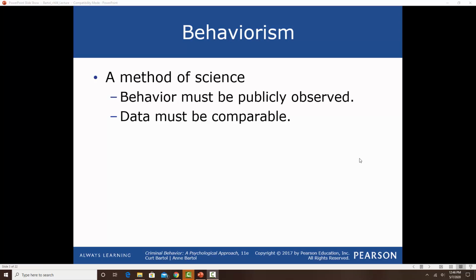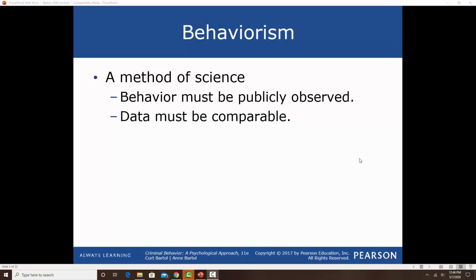So this perspective, inspired by Pavlov and John Watson, became incredibly influential here in the United States in the 1950s, later B.F. Skinner with operant conditioning. And behaviorism really is the idea that everything about us is learned. So they really discount the idea of the unconscious influences of like Freudian psychology.